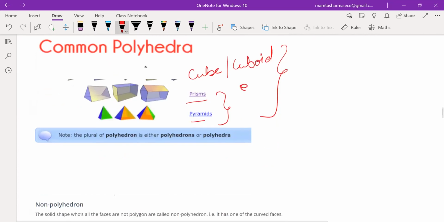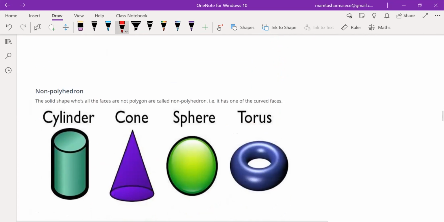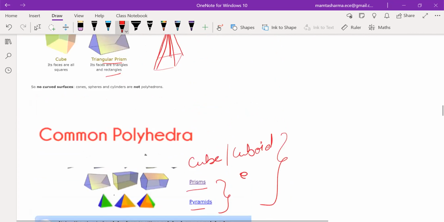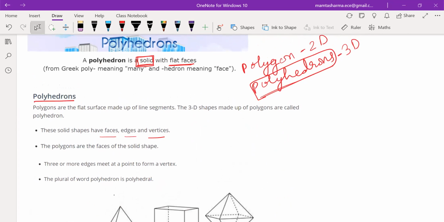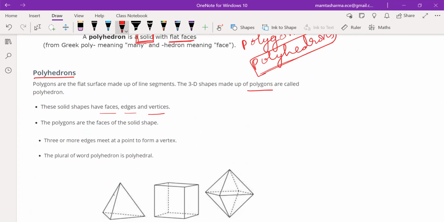Ma'am, can you once explain the polyhedron? Polyhedrons are the 3D shapes of polygons. What are polygons? This triangle is a polygon. Polygon means a shape having more than 2 sides.